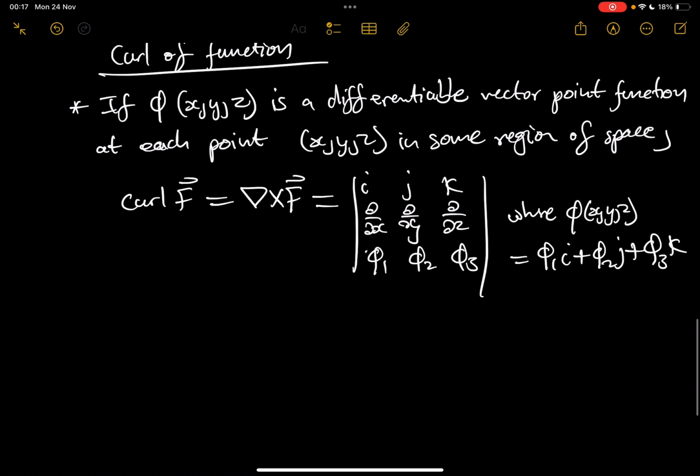So this is the curl of a function. It's supposed to be differentiable at each point in some region. So this is how you evaluate it.